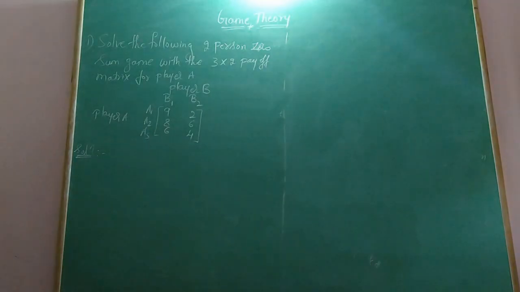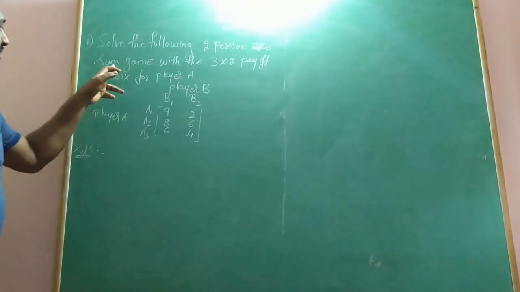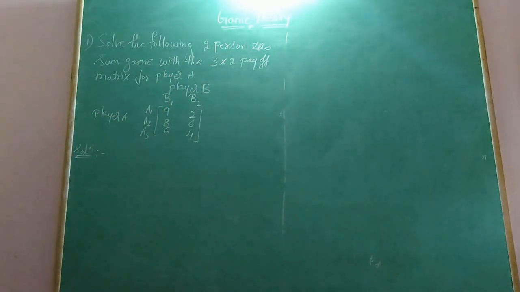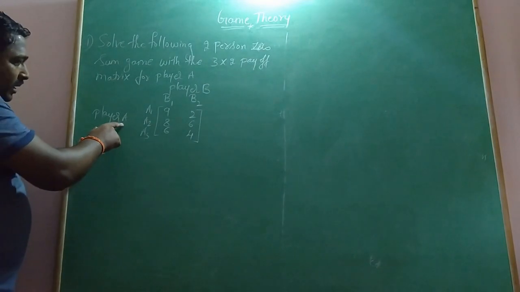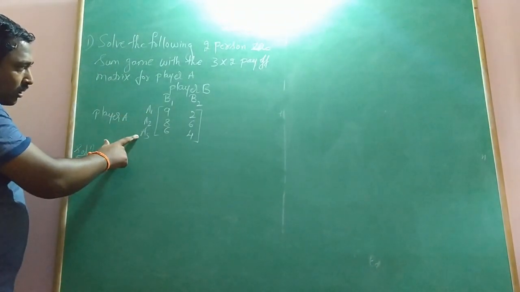You need to solve the game whose payoff matrix is given. Solve the following two-person zero sum game with the 3 cross 2 payoff matrix for player A. Player A has 3 strategies, A1, A2, A3.